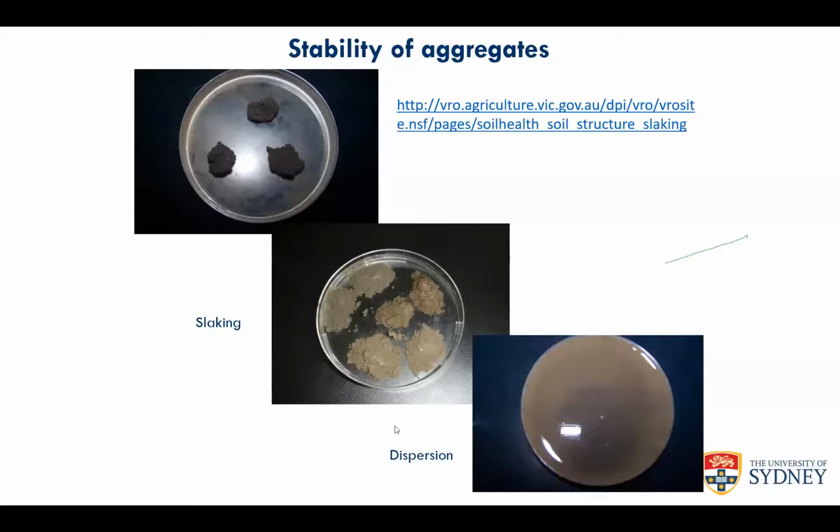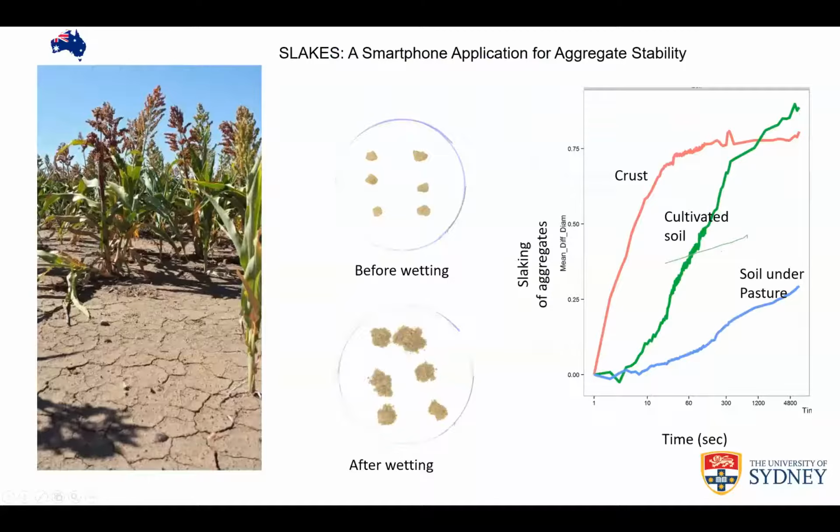Soil under pasture, soil under grassland, will slake, but it will not slake a lot. But the soil under a cultivated system, for example here, and the crust here, will slake very highly. So using this kind of tool, it can also tell us about the functions of your soil, how the soil is functioning. It's an indicator of how stable your soil is, and this is all to do with the soil organic matter.